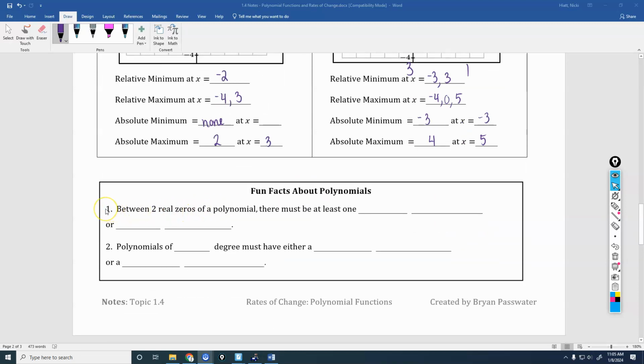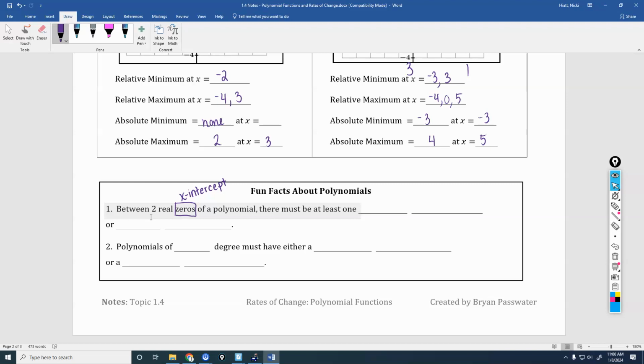All right, so some fun facts about polynomials that we have to know. Between two real zeros of a polynomial, somebody remind me, what is a zero of a polynomial? Where it crosses the x-axis. It's our x-intercept of a polynomial function.